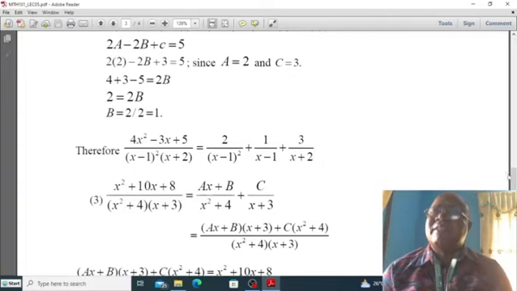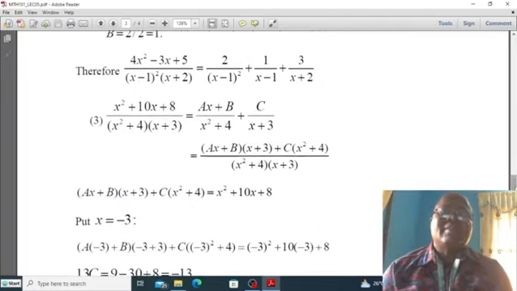Number 3 is the same thing, but there is x squared plus 4, which cannot be factored again. In that case, the right hand side must take this form: ax plus b over x squared plus 4, then plus c over x plus 3. Now, the LCM is the same as the left hand side.